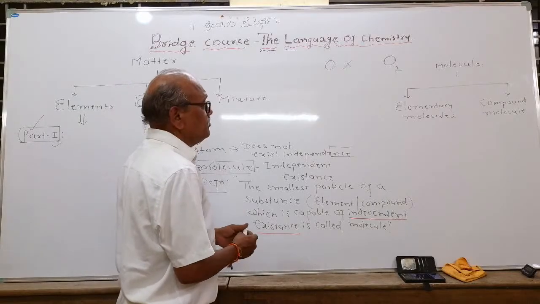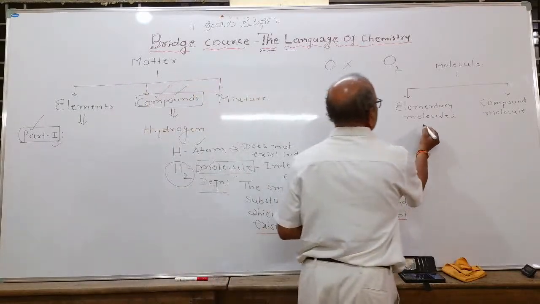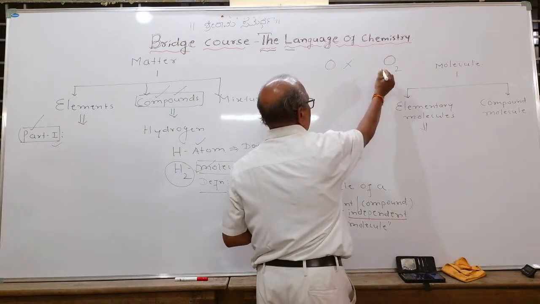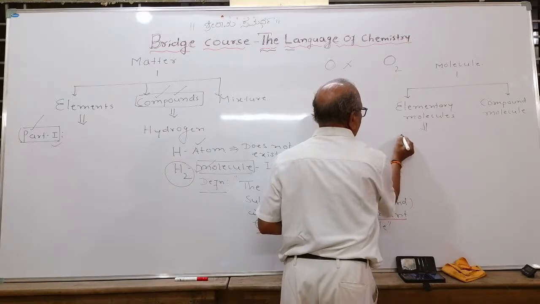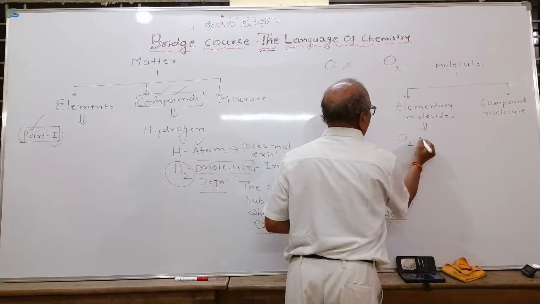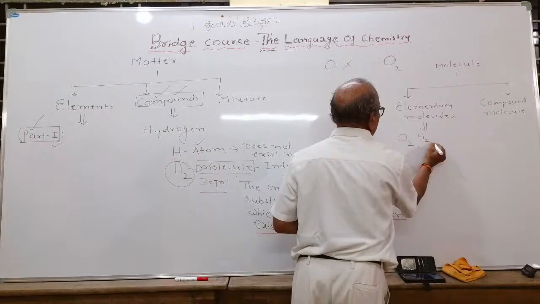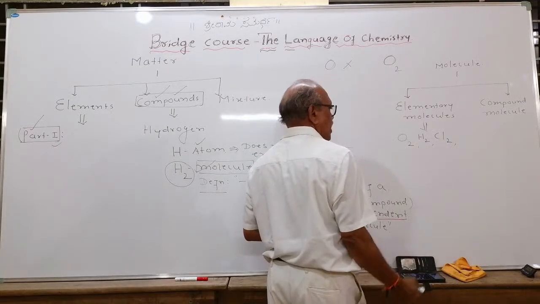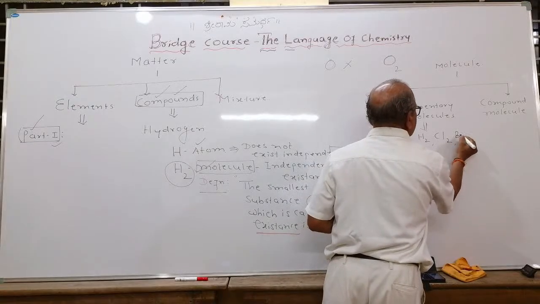Underline the keyword. Smallest particle of a substance which is capable of independent existence. Very important. And what are elementary molecules? See, molecules of the element. For example, the oxygen molecule exists as O2. Hydrogen molecule exists as H2. Chlorine molecule exists as Cl2. Bromine molecule exists as Br2.